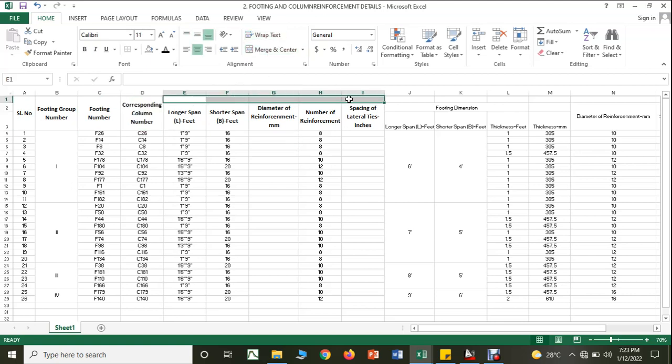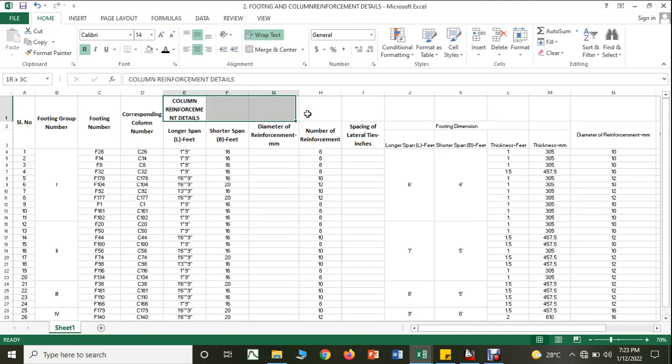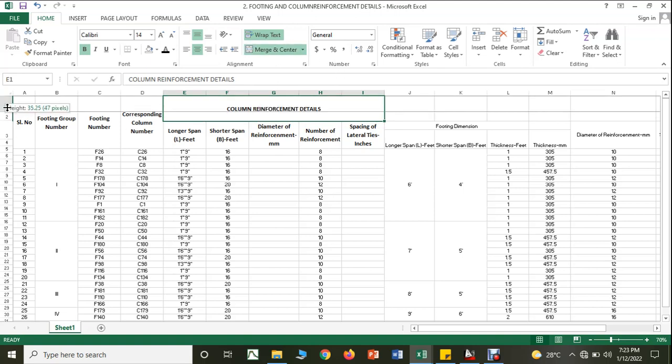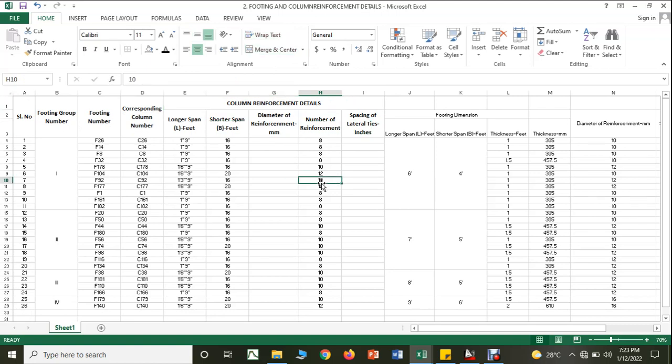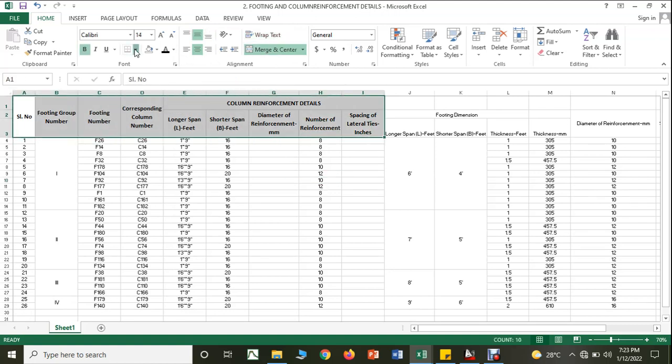Now all this I am going to write as column reinforcement details. I can write it as column reinforcement details till here. Correct?